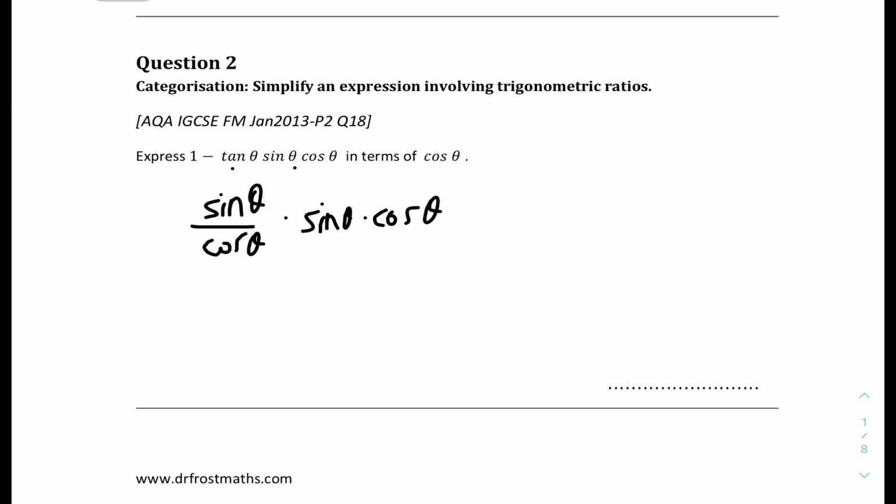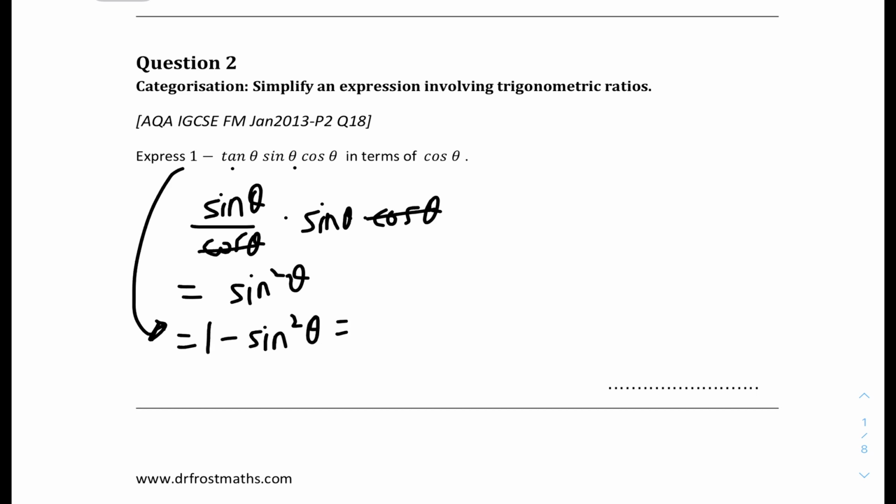From here we can see that the cos theta cancels out, so it'll be sin squared theta. Adding the 1 minus, it'll be 1 minus sine squared theta, which from just now we saw is one of the Pythagorean identities, which is equal to cos squared theta. So the answer is cos squared theta.